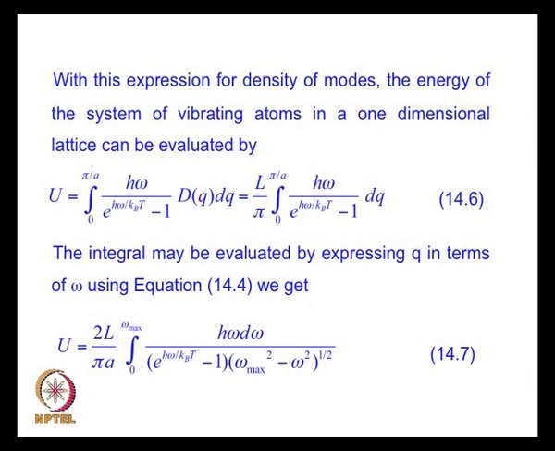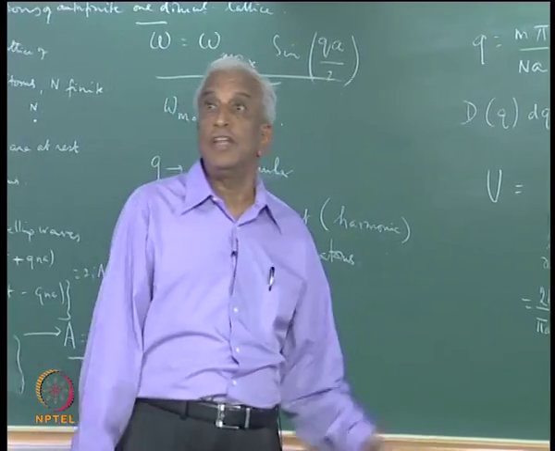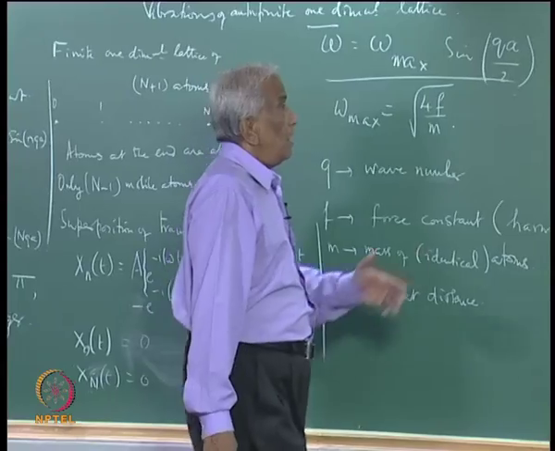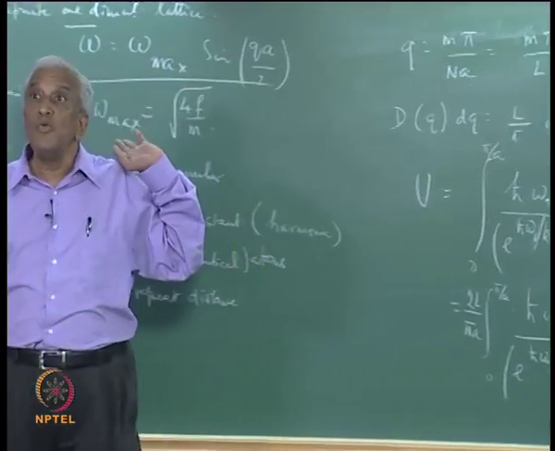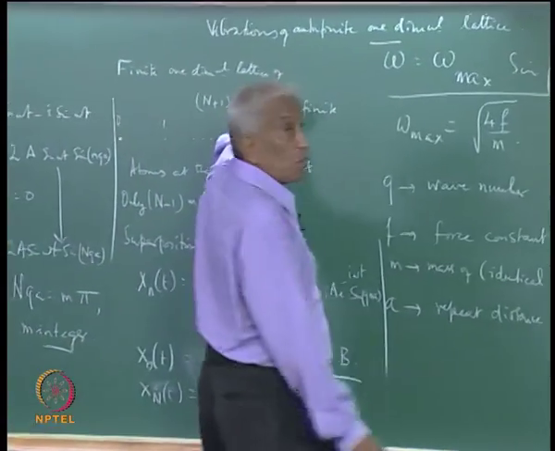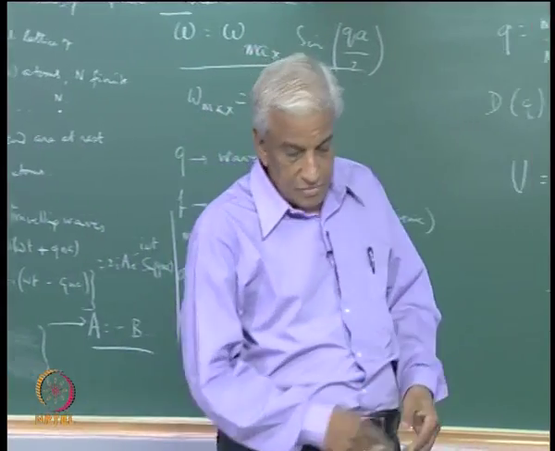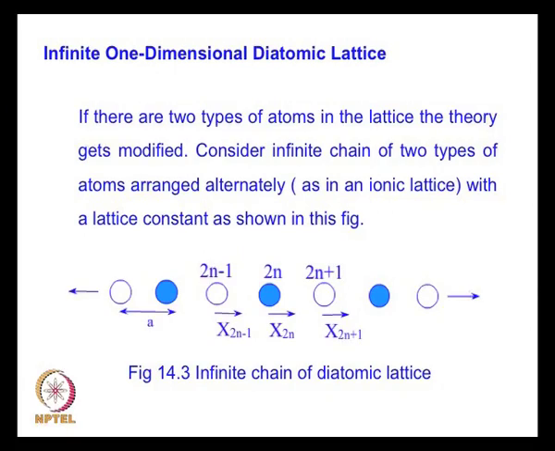So, that would be the corresponding expression, and the specific heat is got by differentiating. The specific heat is just du by dt as before. So, this is the modification to the Debye theory, which is brought about by removing the model of a continuum and replacing it with a discrete one dimensional lattice. The extension to 3 dimensions is straightforward. I will not go through that now.